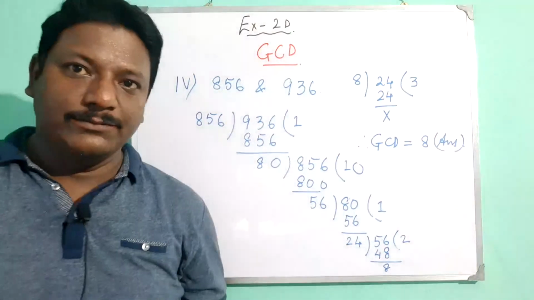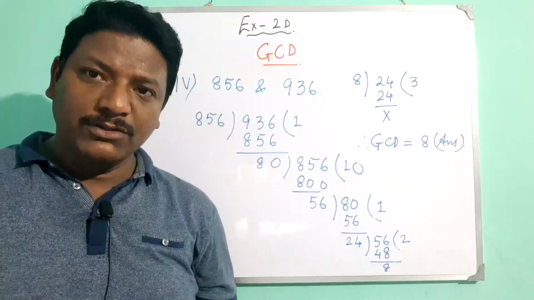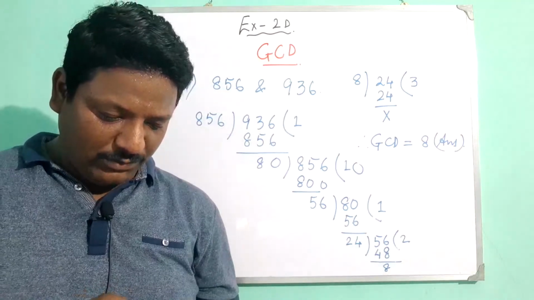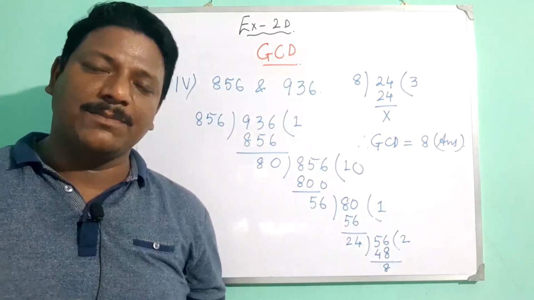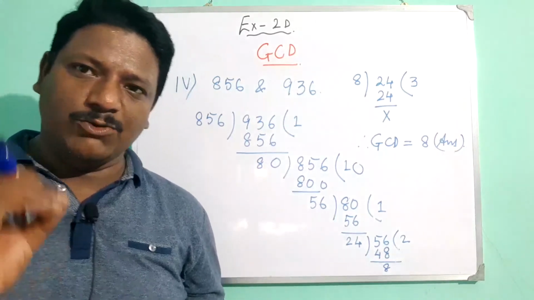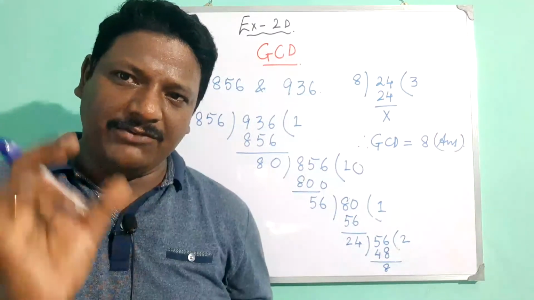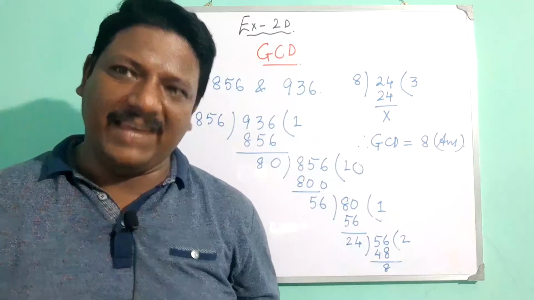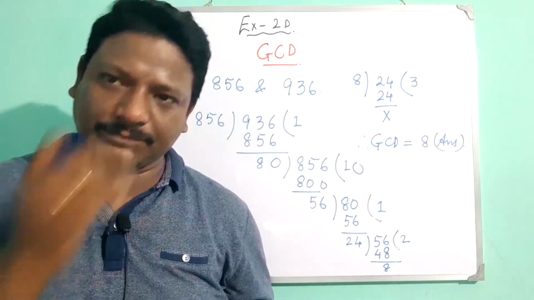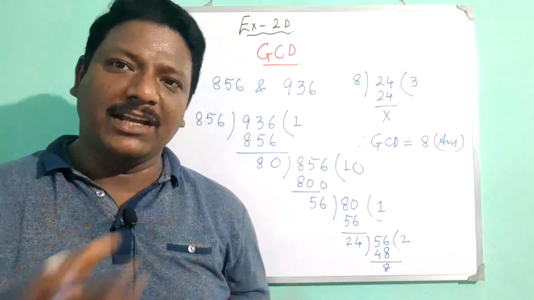Okay. Now I hope you understand the methods and the process of how to find HCF and GCD with the help of the factorization method as well as the long division method. Now I just want to make it clear: in an examination, suppose we give the numbers and only ask you to find the HCF and no method is mentioned, then you can follow any method.